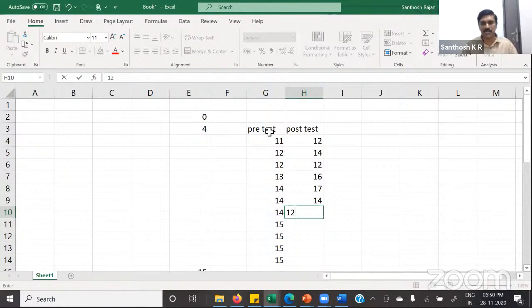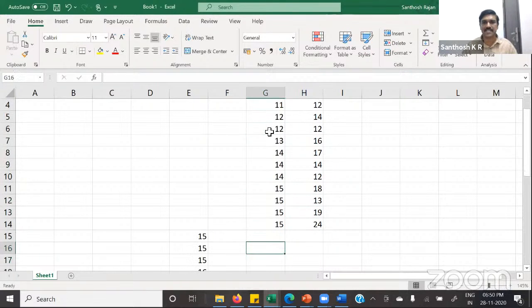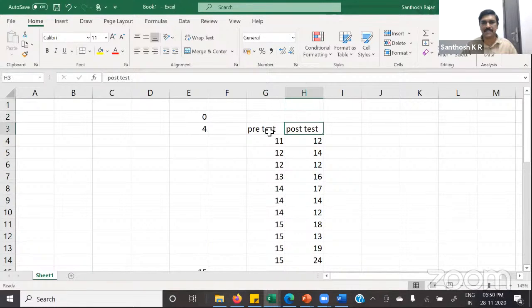Some of them may not get the effect of the intervention. All the medicines will not be appropriate for everybody, no? So this 15 became 18, this 15 became 13, this 15 became 19, and this 15 became 24. So for resilience pre-test, these are the scores, and resilience post-test, these are the scores.